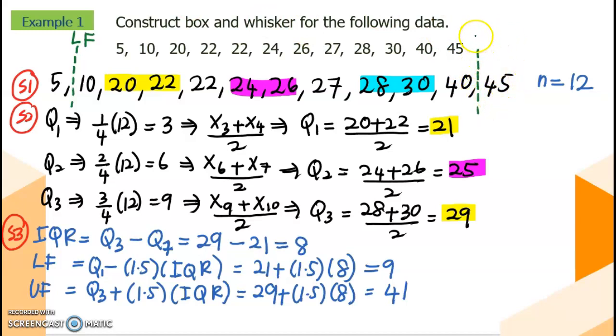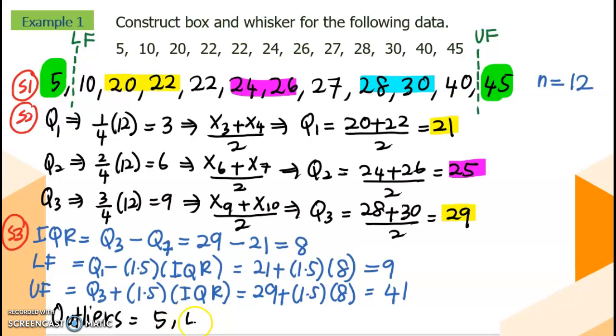Now we have our outliers, since an outlier is outside the fence. So we have 2 outliers. We are going to write down at the third step, the outliers are 5 and 45.